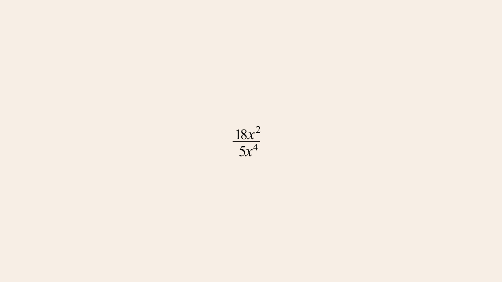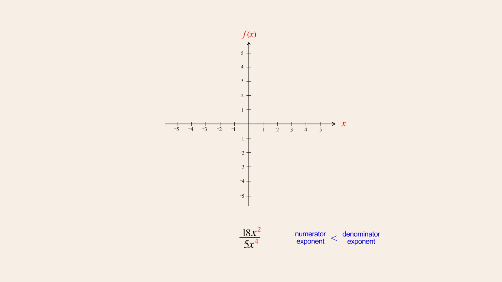We can then determine the type of non-vertical asymptote that may exist by comparing the numerator and denominator exponents. Since in this example, the value of the numerator exponent is less than the denominator exponent, the function will have a horizontal asymptote located on the x-axis. And this function has a graph that looks like this.